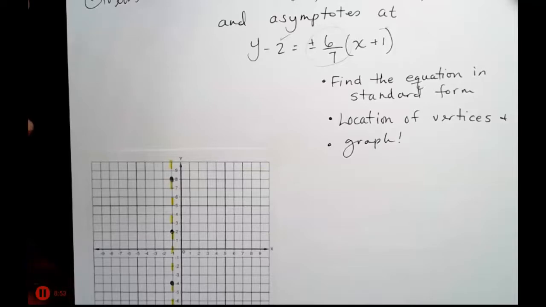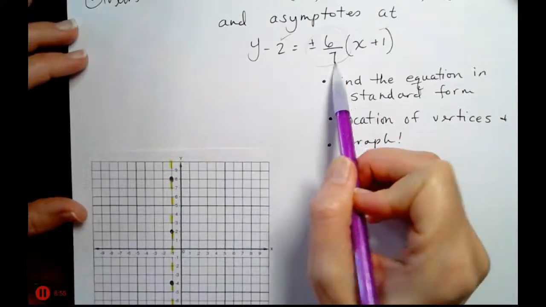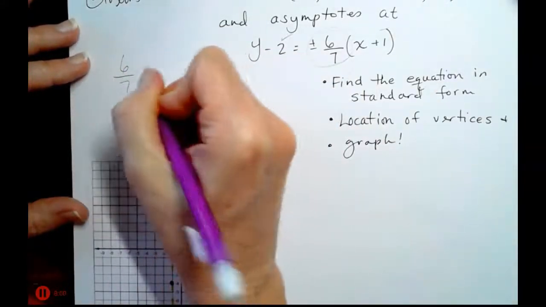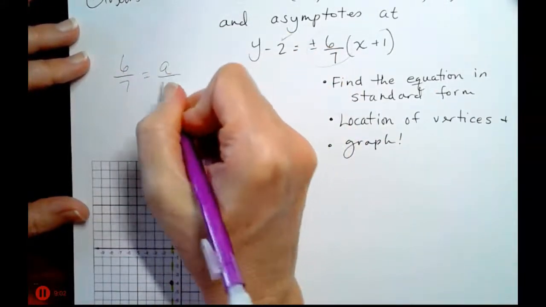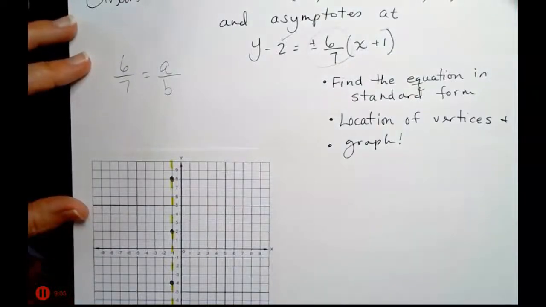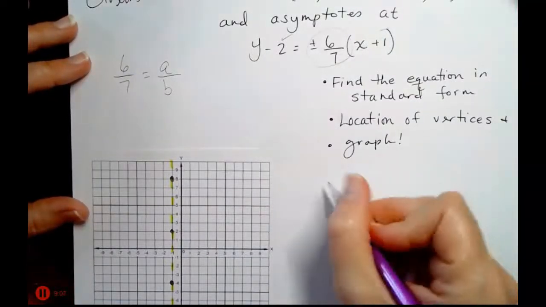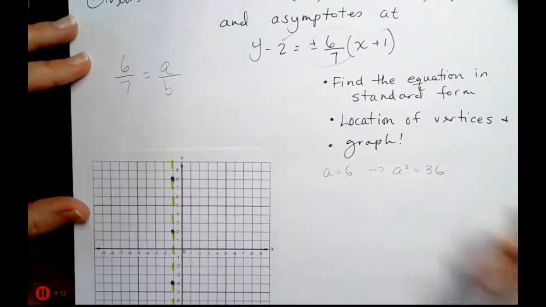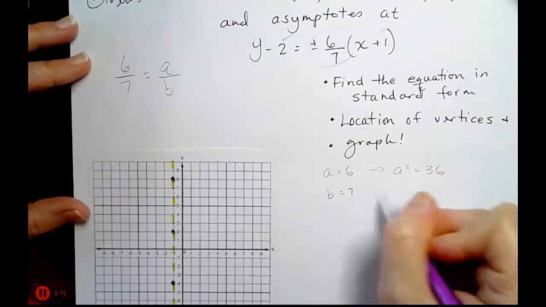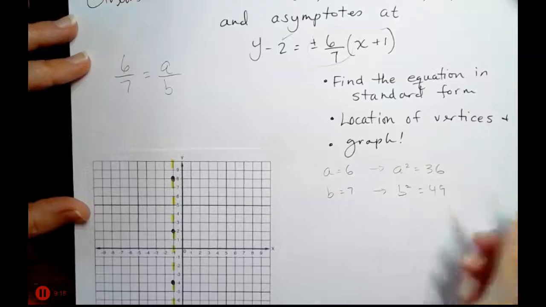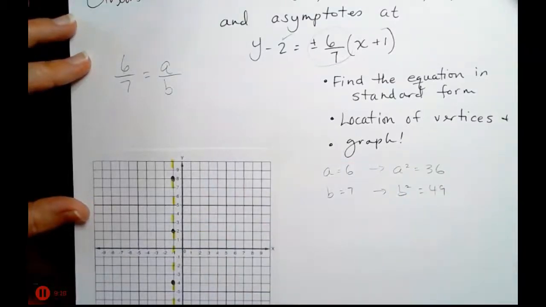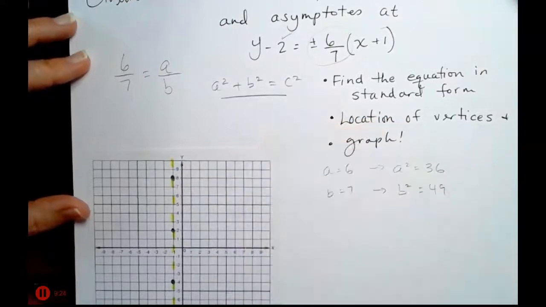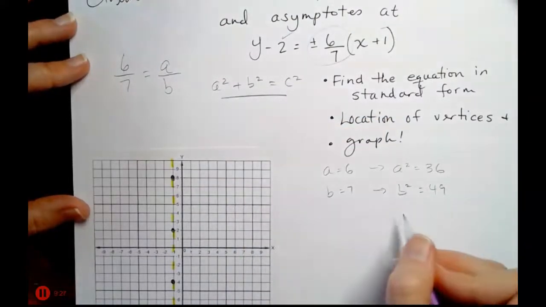So if we have a vertical transverse axis, that means that the slope of the asymptotes, which is 6 over 7, is A over B. So if A is 6, then A squared is 36. If B is 7, B squared is 49. And in the hyperbola, A squared plus B squared equals C squared. Let's utilize that relationship and find C.